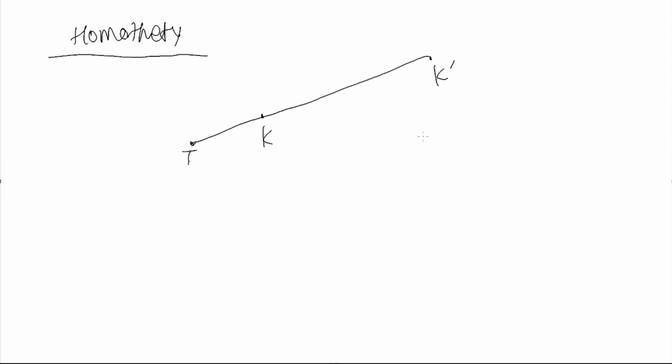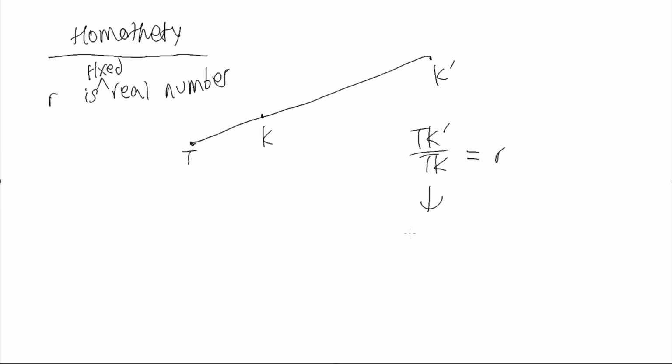This K prime satisfies that TK prime over TK is equal to R. I forgot to say that R is a real number which is fixed. Here that means that we are directing the lengths, so R can be negative.